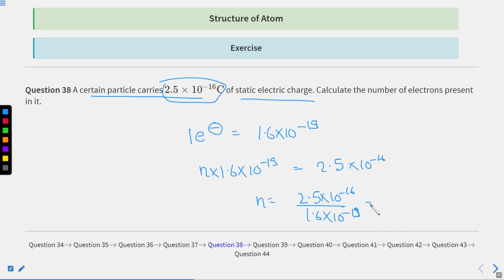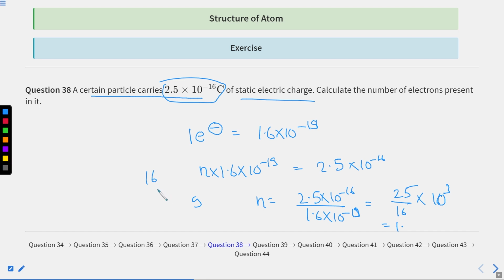Then how much would it be? This 19 will go upside and will give us 25 by 16 multiplied by 10 to the power 3. So 16 1s are 16, and 16 and 9, that is 9.